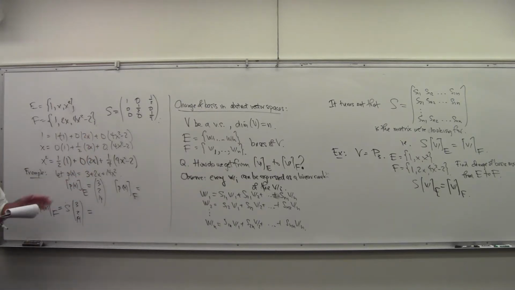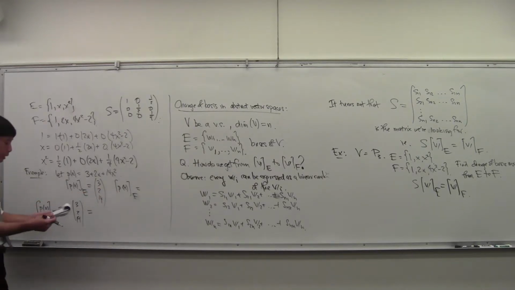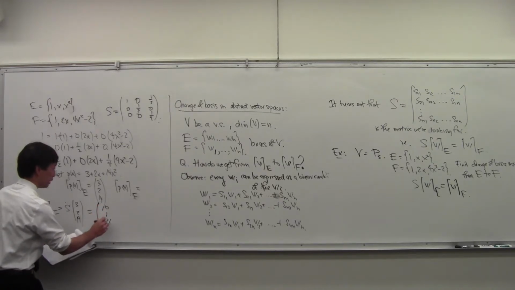At least by my unexplained claim, S is the matrix that takes the coordinate vector with respect to the E basis and switches it to the F basis. If you work it out, it turns out to be 10, 1, 7 halves.